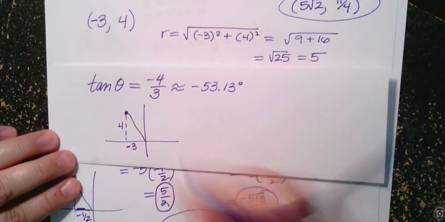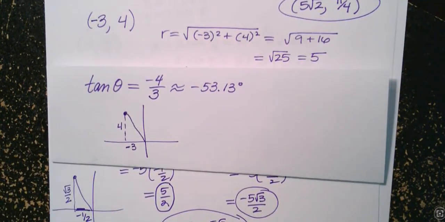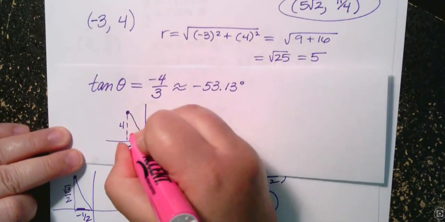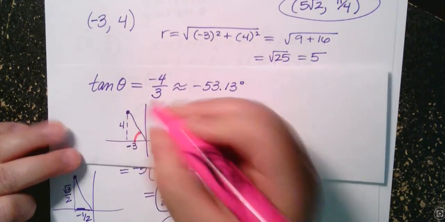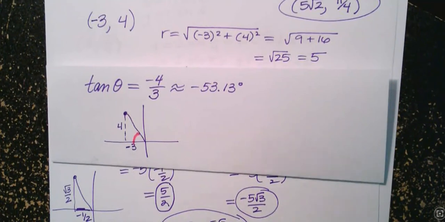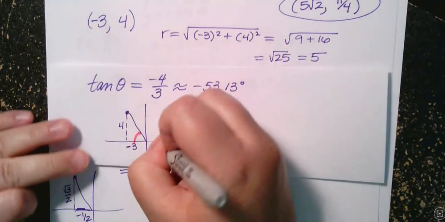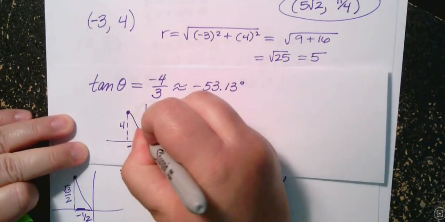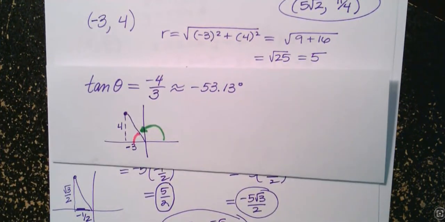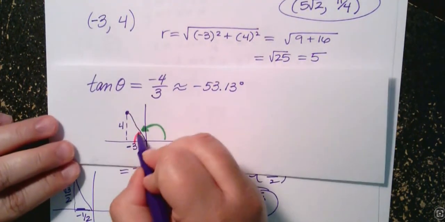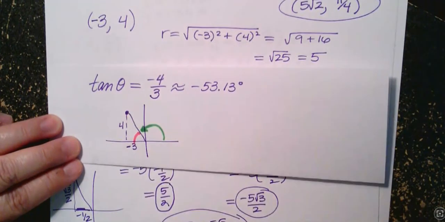The 53 is your reference angle, meaning the 53 is this angle right here. But we want to know the rotational angle starting from 0. So we want to know this angle. So what do I have to do with that 53? I have to subtract it from 180.